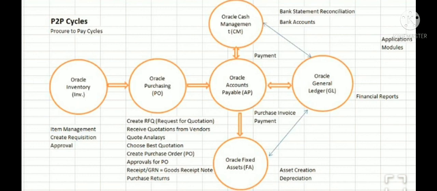So I'm going to create a separate session for each of these cycles in the P2P cycle, so that I can spend more time on it and explain it, so that everybody can understand a practical illustration of how this operates in real life. I understand that most of you may have gone through it theoretically, but I'm going to give a working session on it, a practical application with some examples, so that you can apply this in your day-to-day tasks at your job site as an accounts payable accountant.